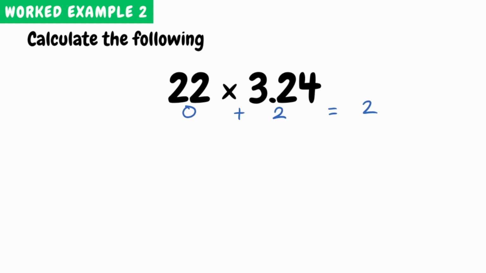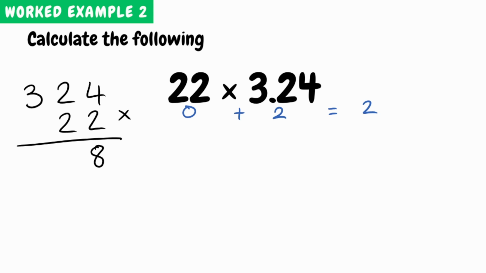Now we're going to do the calculation, but without the decimal point. So we're going to do 22 multiplied by 324. I'm going to put the 324 on top, and then I'm going to multiply that through by the 22. To start with, we've got 2 times 4, which is 8. We've then got 2 times 2, which is 4.